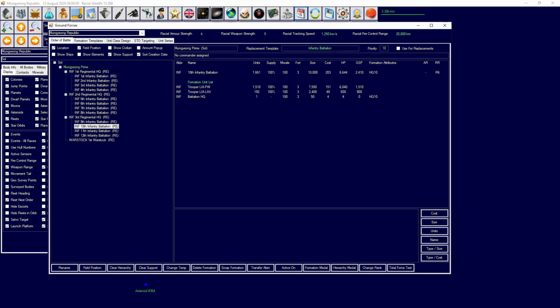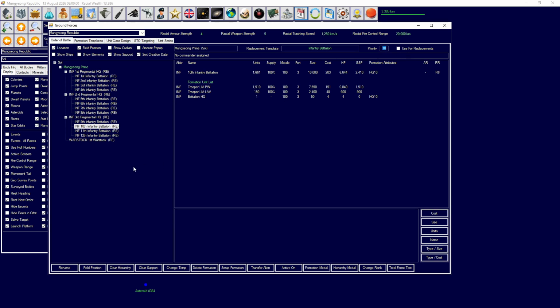They will replace, if they have the units available, to that number every construction phase, either out of combat or during combat. The priority in which they do so above other formations in which they draw these is based on this number. The lower is higher priority.